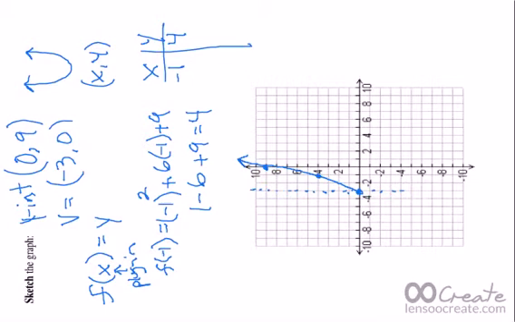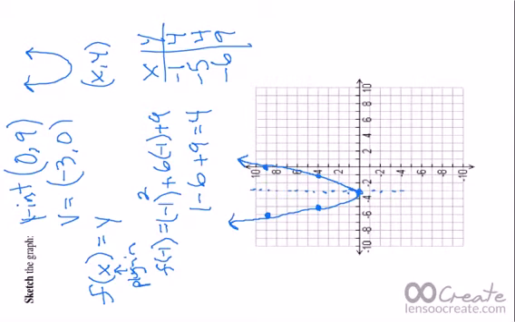Some points we can use, I already cheated because I already have this written down, is when you plug in -5, you're going to get 4. So I'm going to go to -5 and go up to 4. And then when I plug in -6, I'm going to get 9. So -6, I'm going to go up to 9. And now I have the other half.